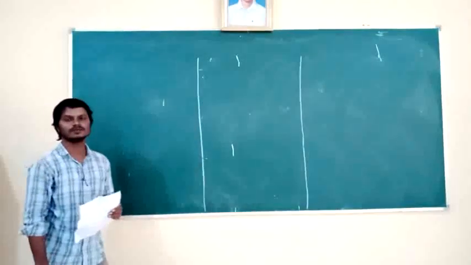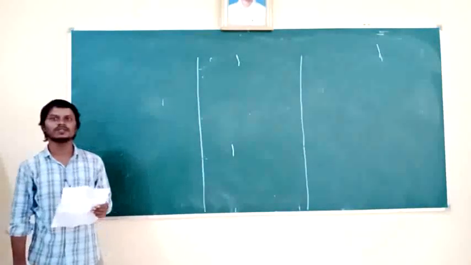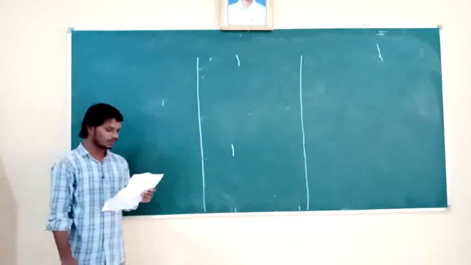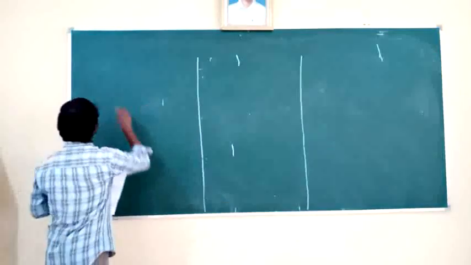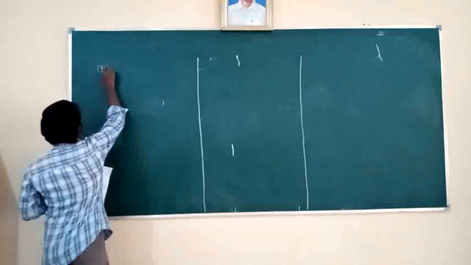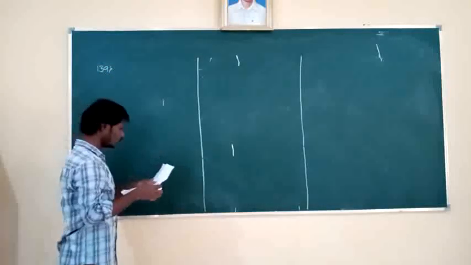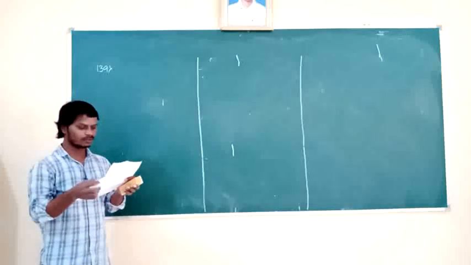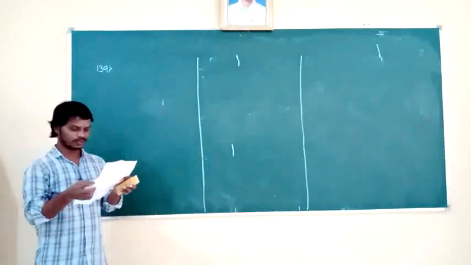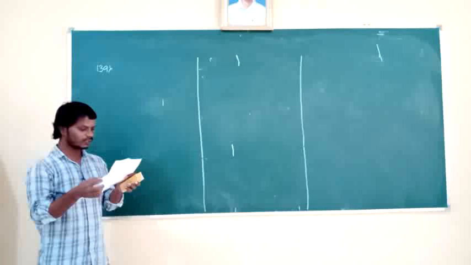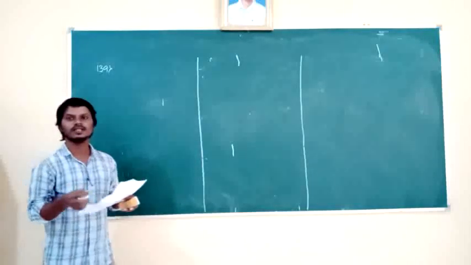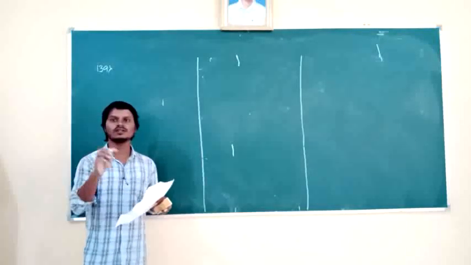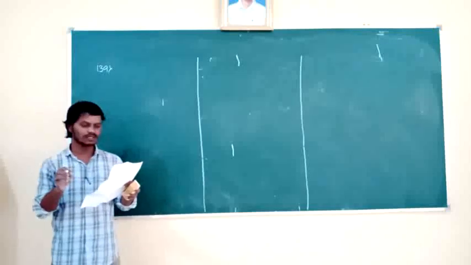Now let us solve some CET questions related to optical instruments. Question number 139. An object is placed at a distance u from a simple microscope of focal length f. The angular magnification obtained depends on what factors? What is the question once again?